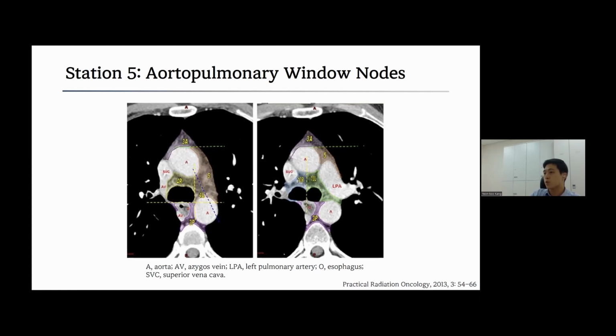So the major border between 4L and 5 is defined as an imaginary line drawn from the most posterior part of the ascending aorta to the most anterior part of the descending aorta. This imaginary line.